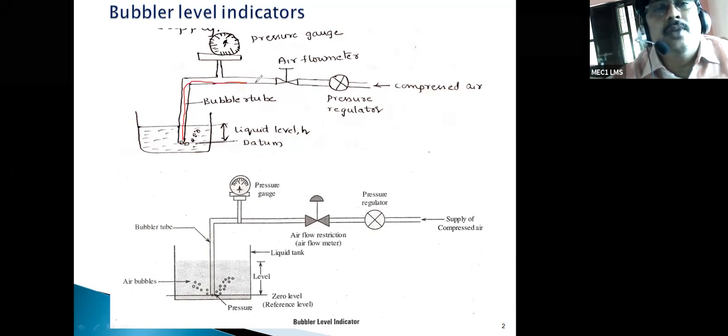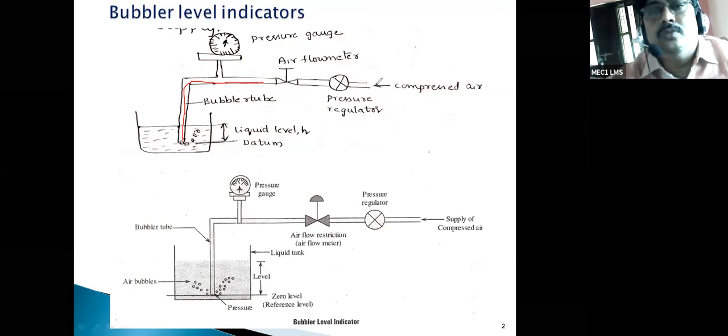It consists of a bubbler tube, an air flow meter, and a pressure regulator. This is the bubbler tube from here to here. At one end we send compressed air, and the other end of the bubbler tube is dipped into the vessel containing liquid whose level has to be measured.